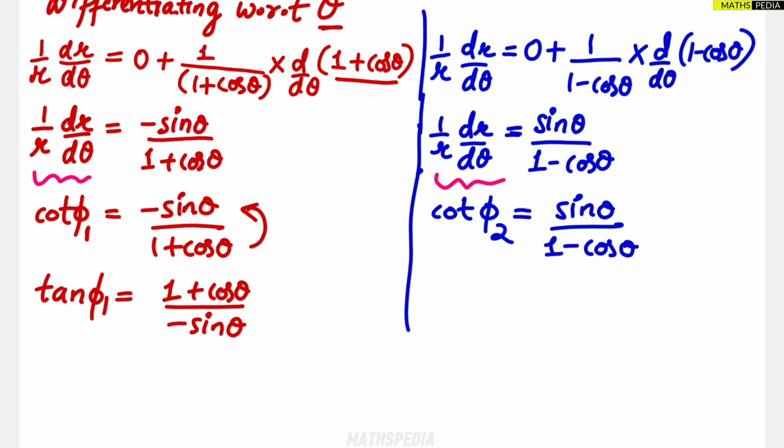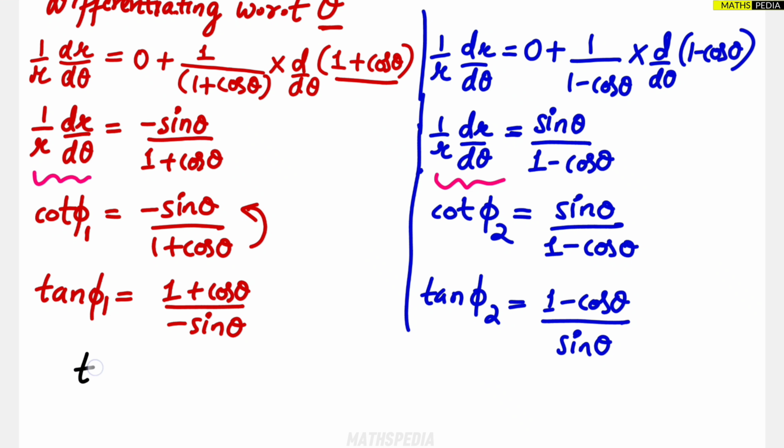Simple. Here if you take tan phi 2, it will be equal to the reciprocal, 1 minus cos theta divided by sin theta. Now, as we have discussed, I already said that tan phi 1 into tan phi 2, you should get as minus 1. Then only you can say that these two curves intersect each other orthogonally.